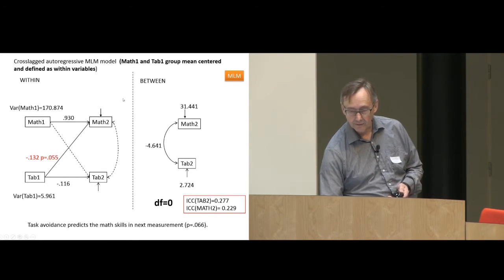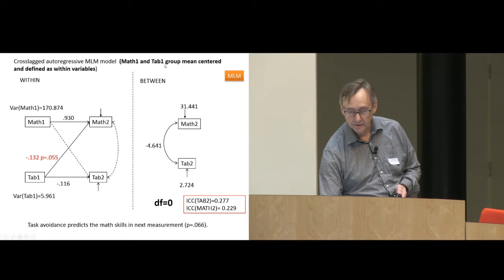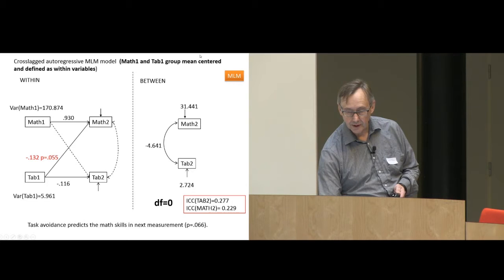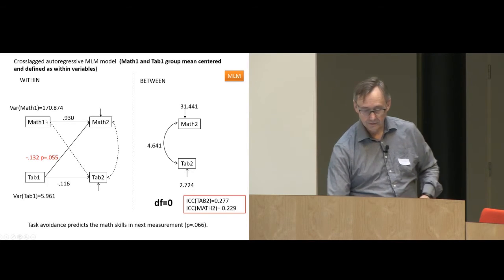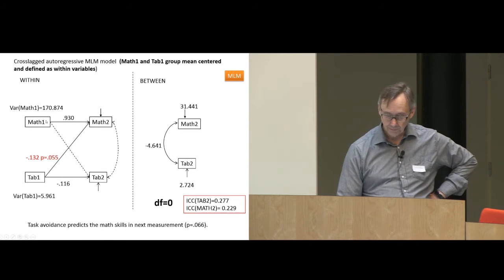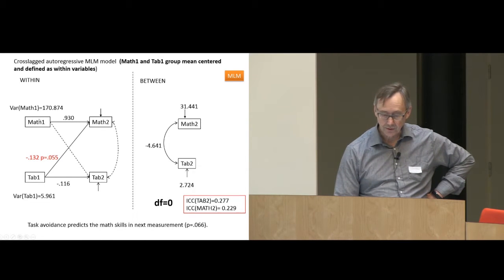Now I have changed the model so that I have group mean centered, meaning that all individuals' tab 1 and math 1 are difference scores from the individual's level.